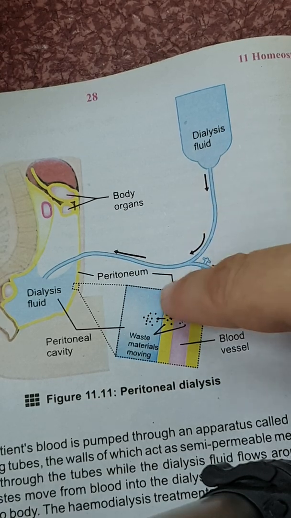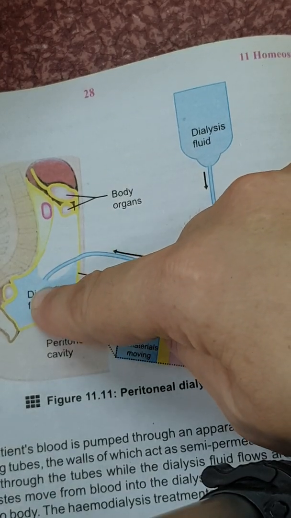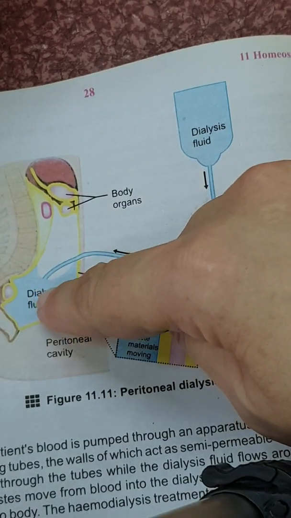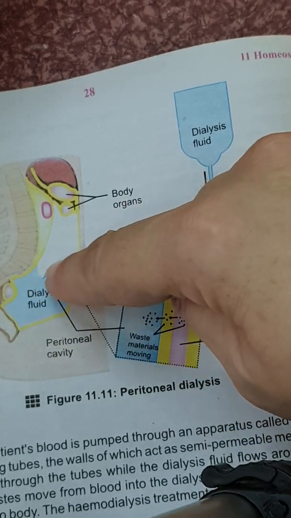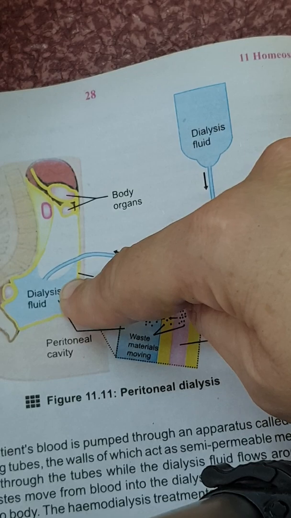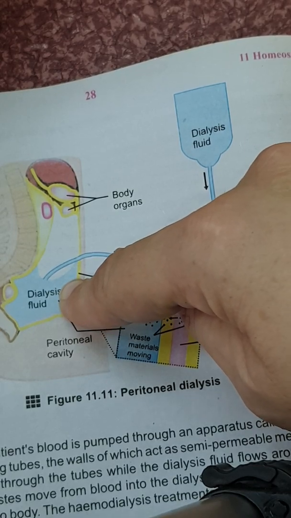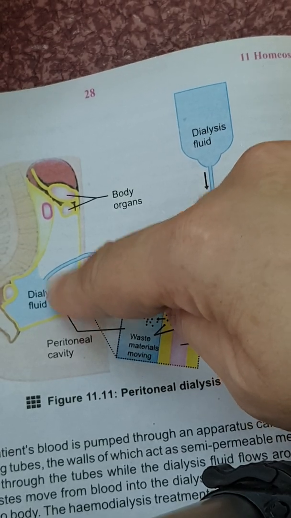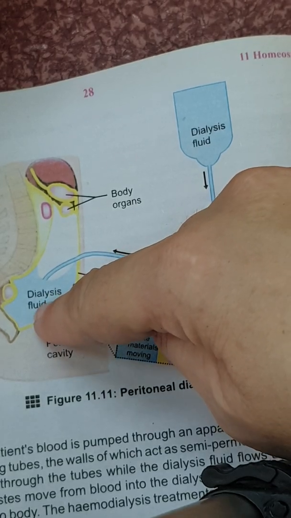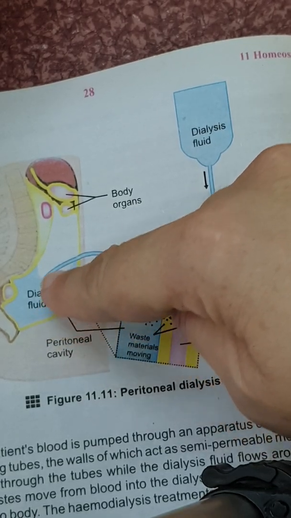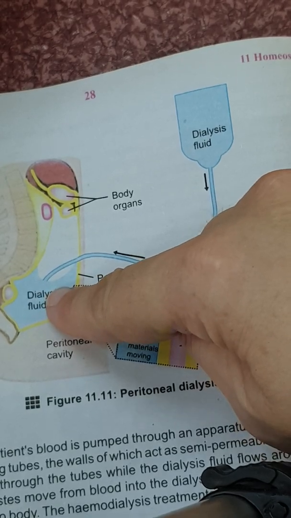Normally the dialysis fluid is poured in this cavity with a special concentration. It has its own chemical composition, it's not a normal or common fluid. It is a fluid with a special composition of different materials, different salts and water.